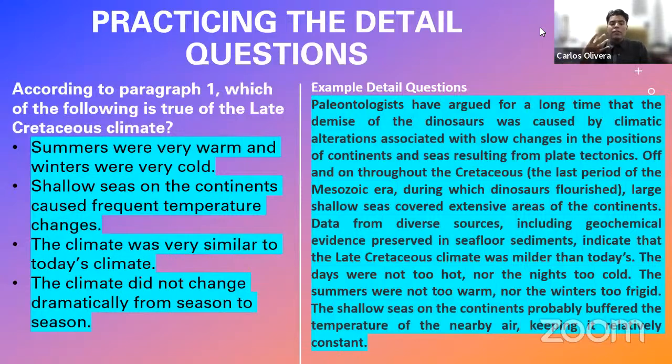It gives you the certainty that the climate did not change dramatically from season to season. That is what the paragraph suggests in this case.